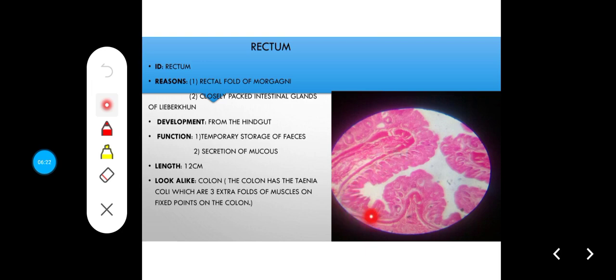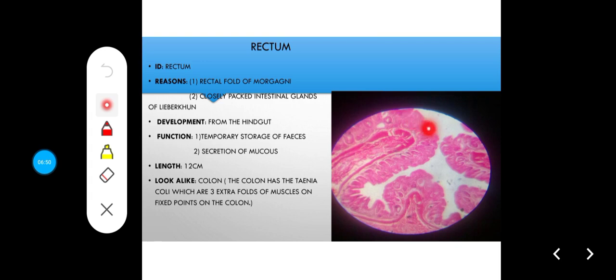So the mucosa of the rectum is folded into special structures called the rectal folds of Morgagni. Rectal folds of Morgagni, so they are mucosal folds. So you won't call this the esophagus because this is not stratified squamous epithelium.